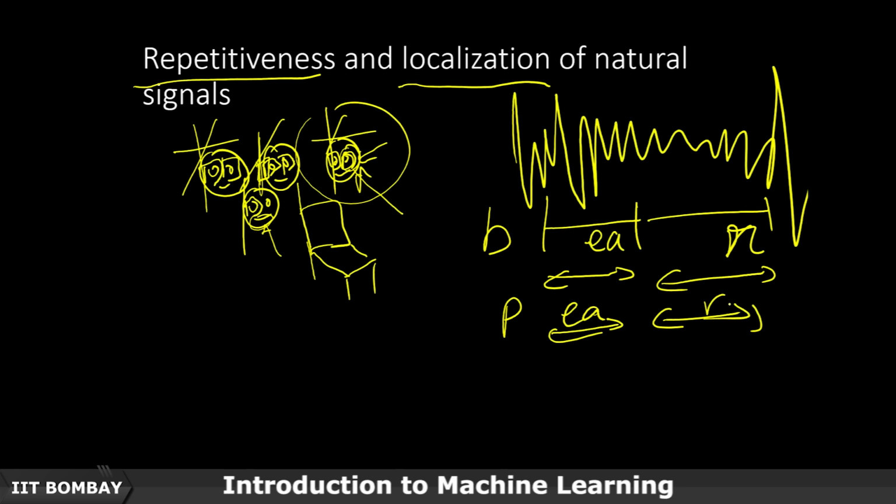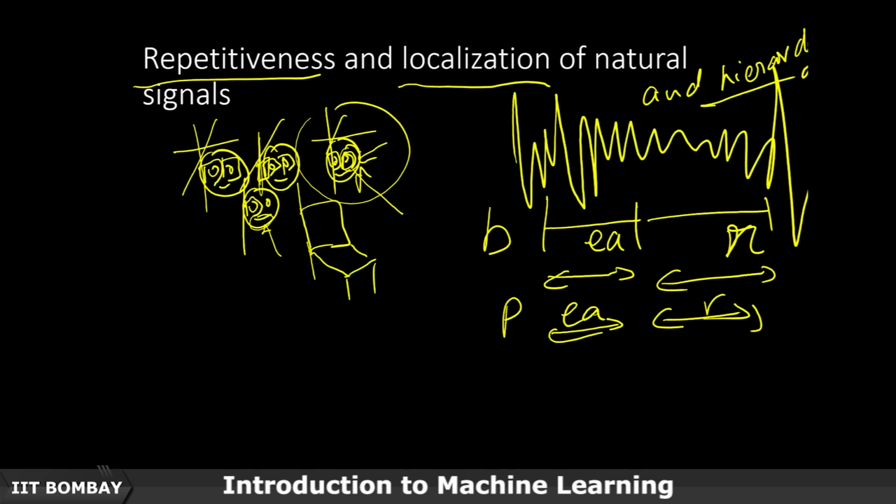So this repetitiveness, localization, and hierarchy is something that you will see in natural signals all the time, both in audio, in natural language text, in videos, and in images.